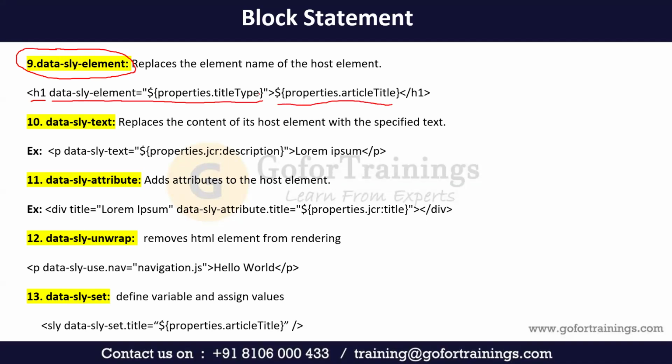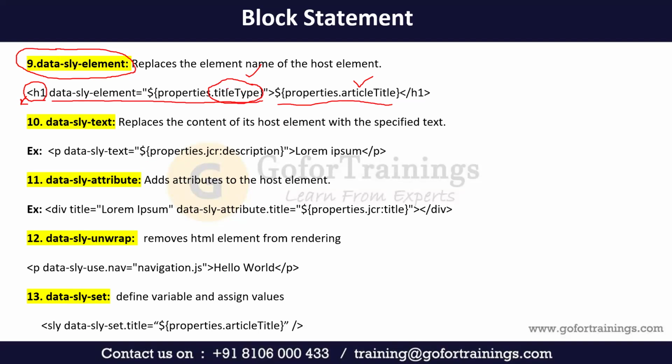If you don't configure this title type in your content node, it will inject the article title in the H1 tag only. H1 is the default tag because I have hard coded this H1 tag in my code base. If you select title type H2, in the runtime the H1 tag will be replaced with the H2 tag, because H2 is the value of title type.